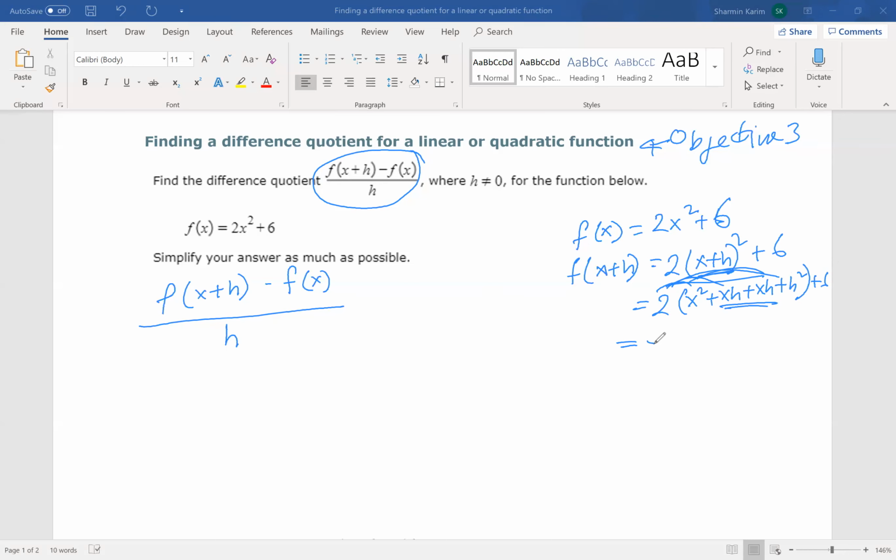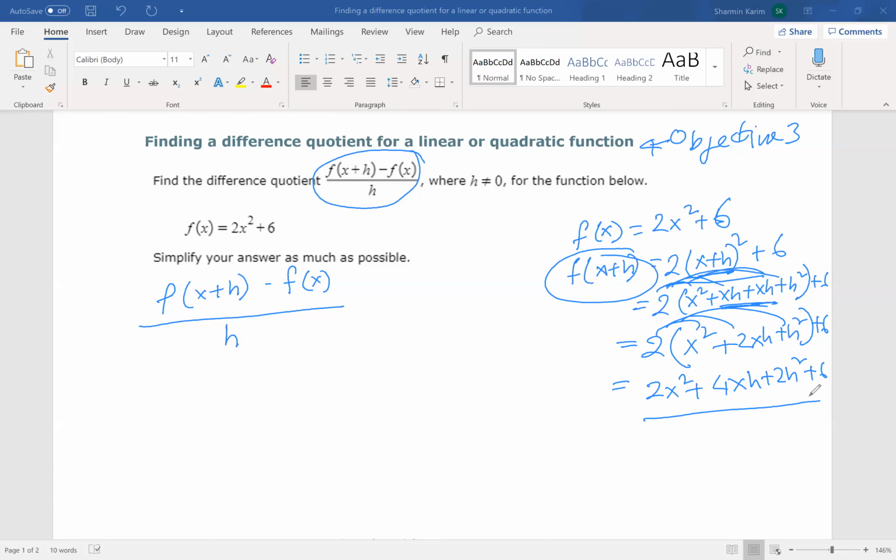So we have 2 times x squared plus 2xh plus h squared, plus 6. Then I will distribute the 2 to each of these. So finally I get 2x squared plus 4xh plus 2h squared plus 6. So this is f of x plus h.